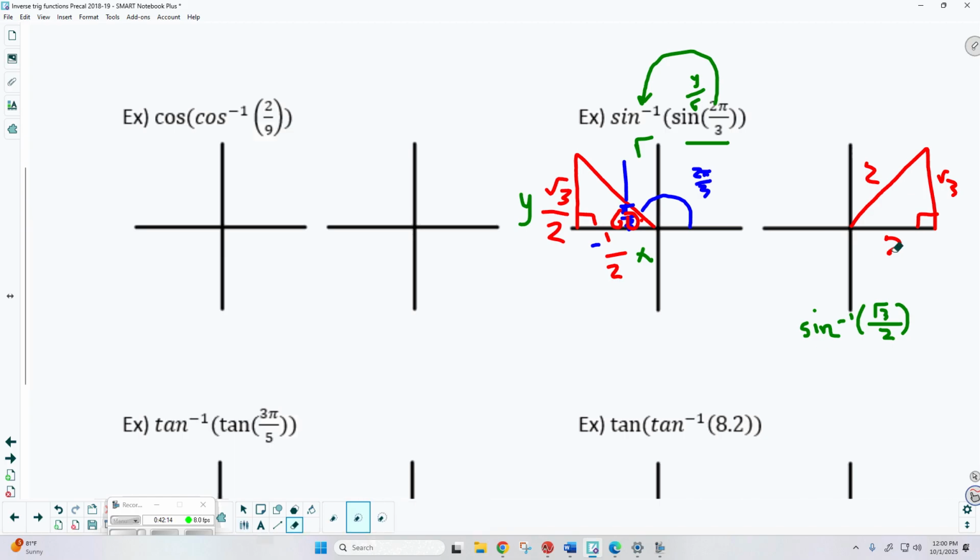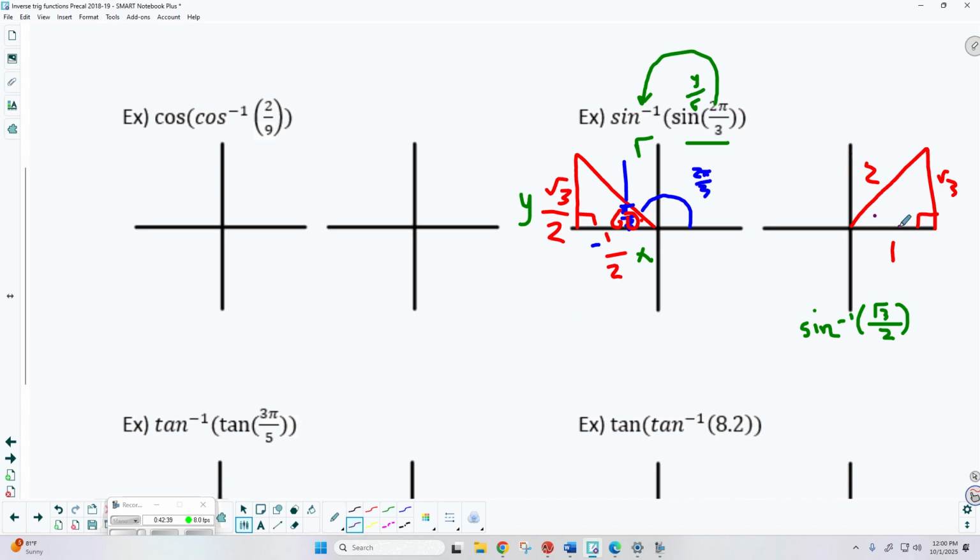So what's this base length here? 1. Okay. Now, even though these two triangles have different lengths, this is also a what? It's special. Which one is it, 30-60 or 45-45? 30-60. So this is coming down to the last step.